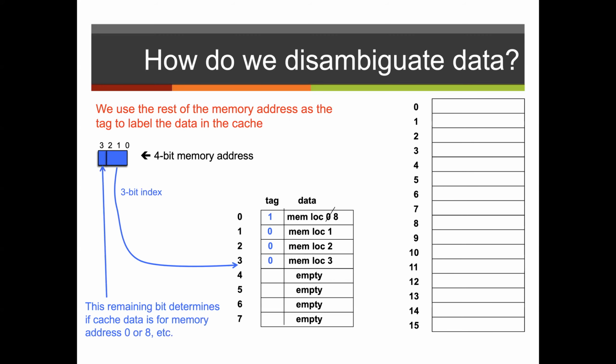We'll have a 3-bit index, and then the remaining bit is going to determine if the cache data is for memory address 0 or 8, or for 1 or 9, depending on the memory location.